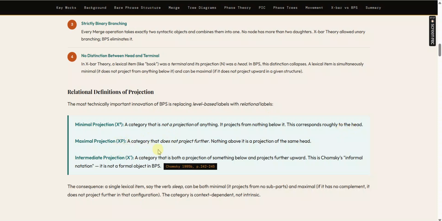Maximal projection, XP, that is a phrase: a category that does not project further, nothing above it is a projection of the same head. Then intermediate projection, X-bar: a category that is both a projection of something below and projects further upward. This is Chomsky's informal notion, not a formal object in BPS.